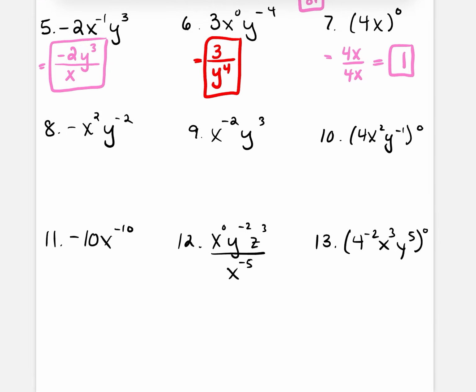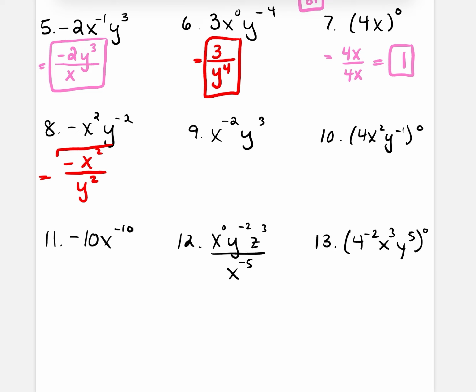Number 8, we have negative x to the positive second exponent and y to the negative second. So negative x squared is actually going to stay in the numerator, stay where it is. X has a positive exponent. Y has a negative exponent. If I put that in the denominator, that 2 can become positive.